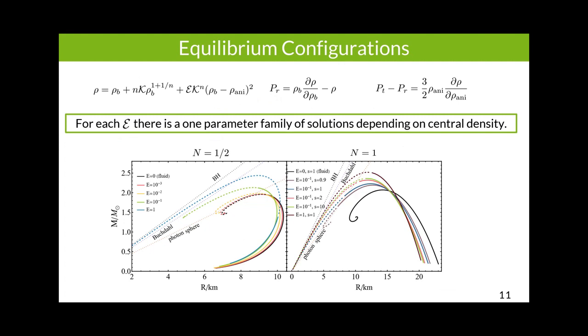When epsilon is different from 0, you have some elastic material. Of course, there is kappa here, the polytropic kappa, but if you know about polytropes, that's basically a scale. You scale the mass and the radius by a power of this factor kappa, so it does not change the qualitative features of the problem. And then, of course, for each epsilon, there is a family of solutions depending on the central density.